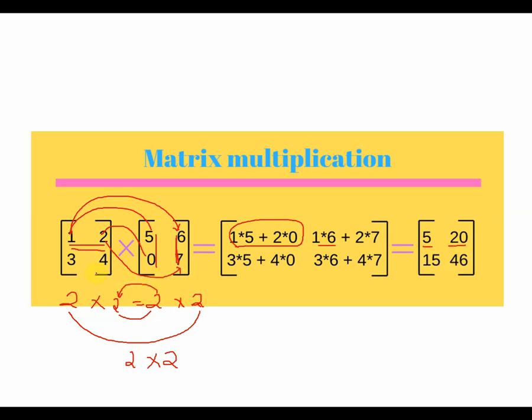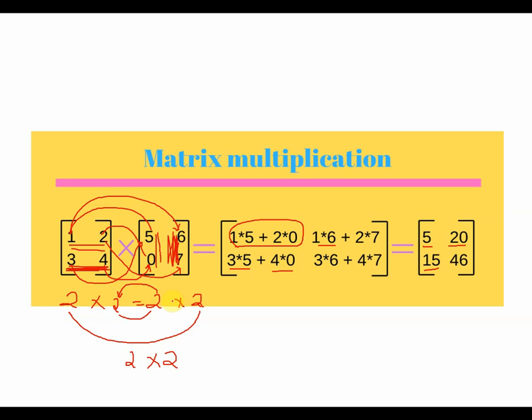How do you go about with the next? You multiply the next row now with the first column. So 3 into 5 plus 4 into 0. So 3 into 5 is 15, 4 into 0 is 0. So 15 plus 0 is 15. And the last, which is the last thing you have to do, is to multiply this row again with the second column.